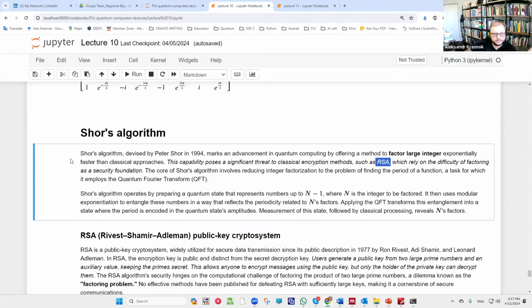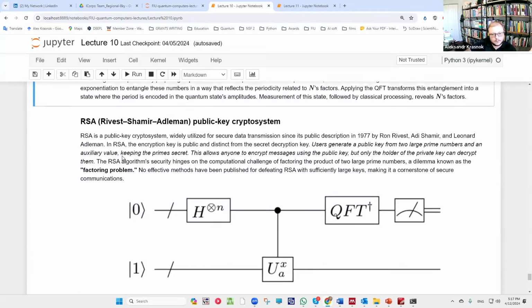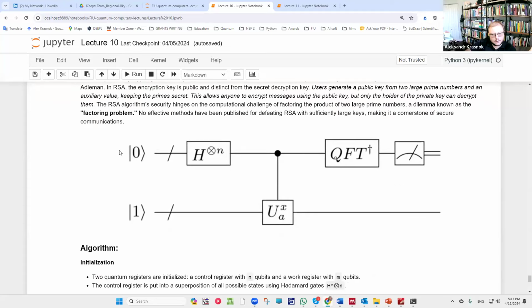However, there is this Shor's algorithm that, provided that we have a sufficiently powerful quantum computer, will solve this problem, the multiplication of prime numbers problem, relatively easily, much faster. Maybe instead of billions of years, a few seconds or a few minutes.